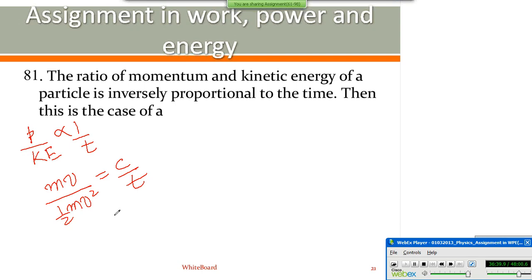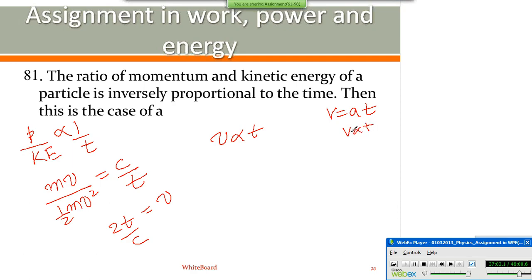So from this you get v equal to 2t by C. So velocity is proportional to the time. In general, if a body starts from rest and moves with constant acceleration, then velocity after time t can be written v equal to a into t, where a is the magnitude of the acceleration.